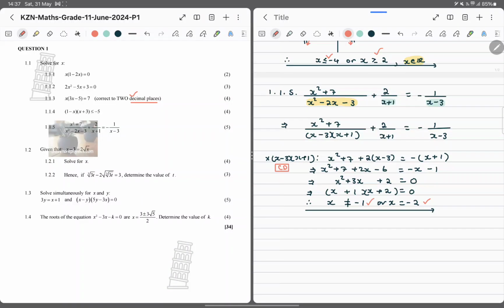But we'll get marks either way. One is correct, one is not correct. Okay, so 5 marks here. So I guess multiplying by the common denominator is key. And factorizing, remember, whenever we factorize, that is key.